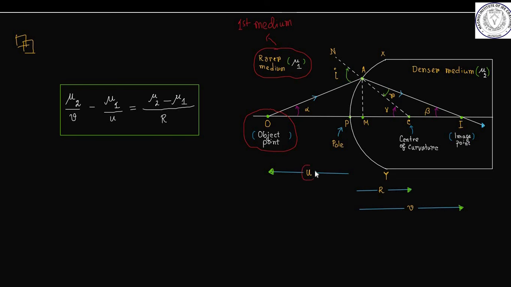In this case, the refractive index of the first medium, mu1, is used at this position in the equation, and object distance U is used in this position.